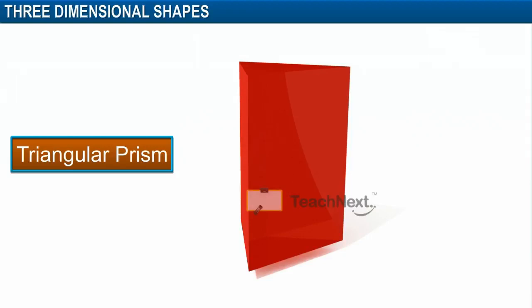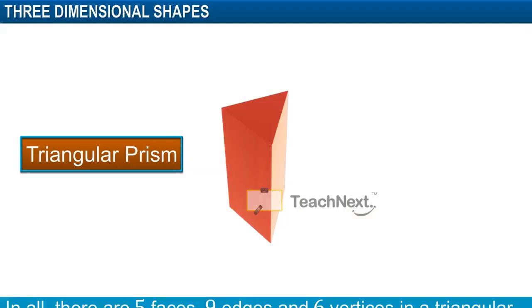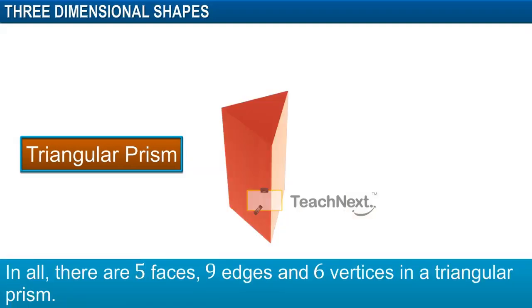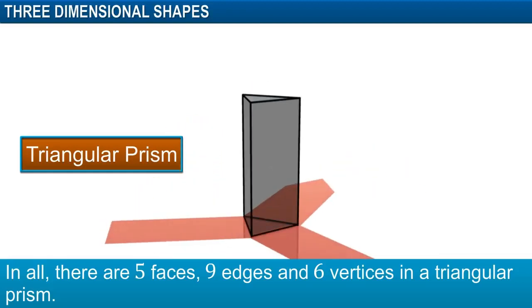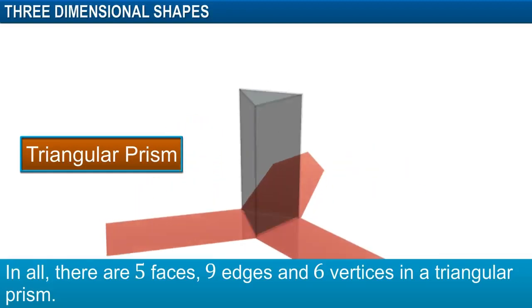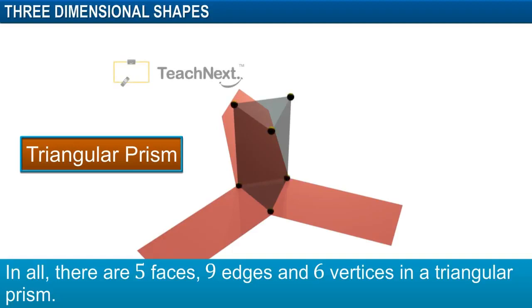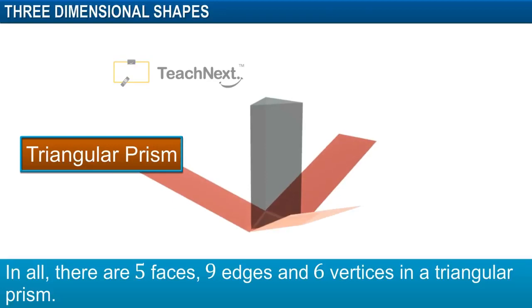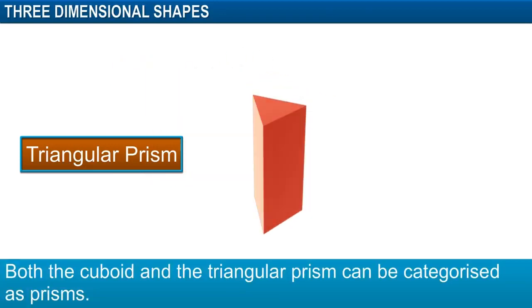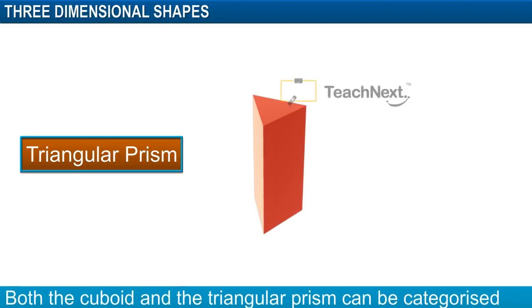The rectangular faces form the lateral surface of the prism. In all, there are 5 faces, 9 edges, and 6 vertices in a triangular prism. Both the cuboid and the triangular prism can be categorized as prisms.